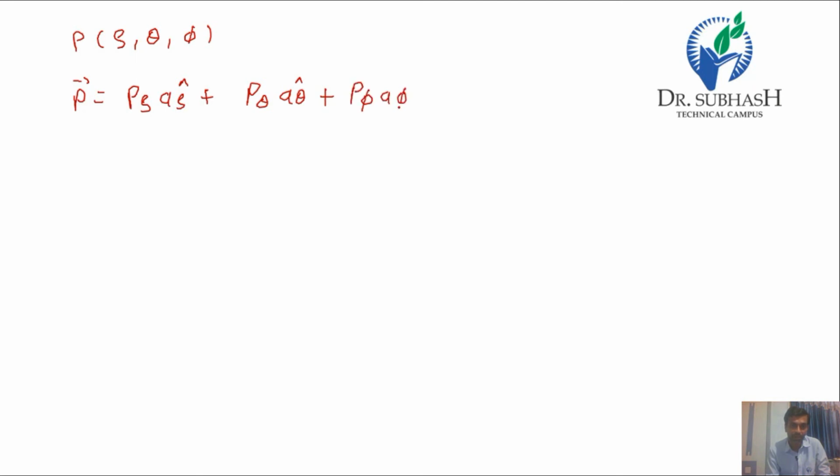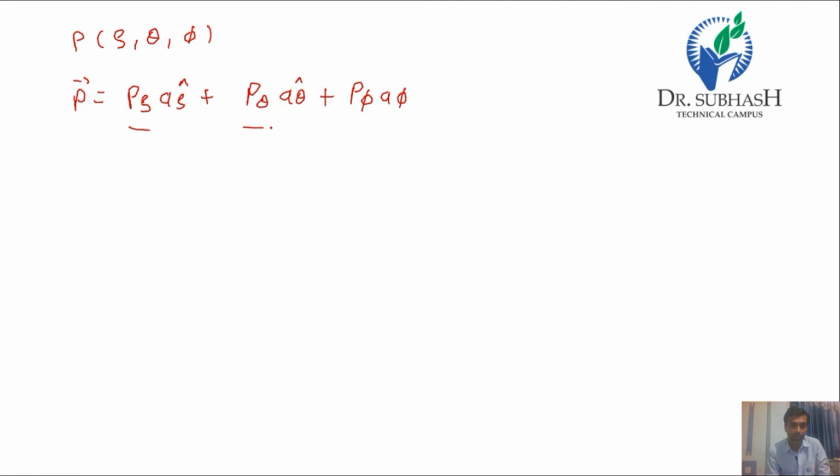Representation of a point in a spherical coordinate system. Suppose we have one point P which is rho, theta and phi. Then vector P in general form can be represented by Prho in the a rho direction plus Ptheta in the a theta direction plus Pphi in the a phi direction.